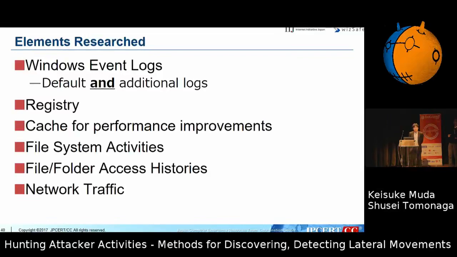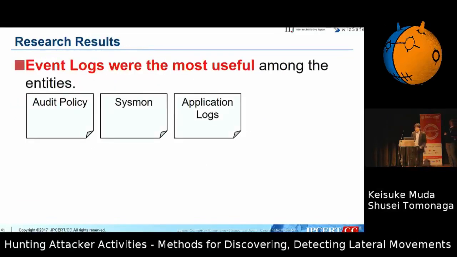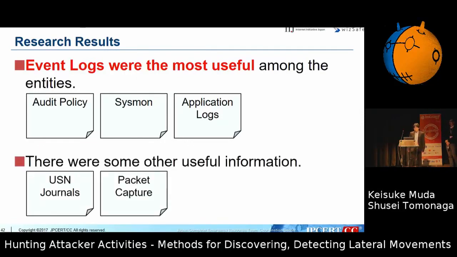Among those elements, we found the event logs to be the most useful. When I talk about event logs in this presentation, I'm talking about the audit policy, Sysmon, and application logs. But there is also other useful information, such as USN journals and packet captures, and I'll talk about these also in this presentation.